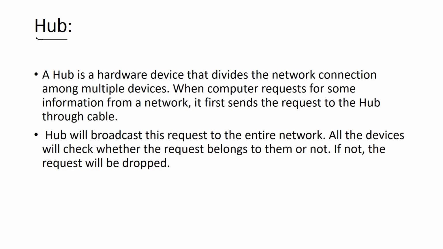All the devices will check whether the request belongs to them or not. If not, the request will be dropped. So a hub is mainly an interconnection among multiple devices.